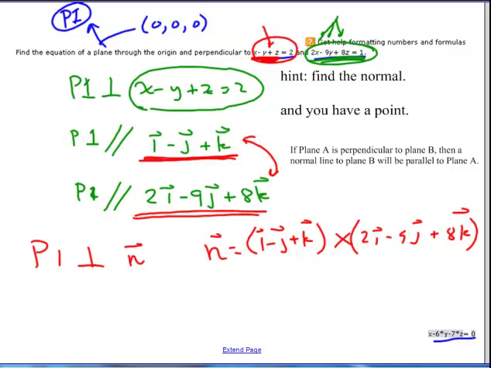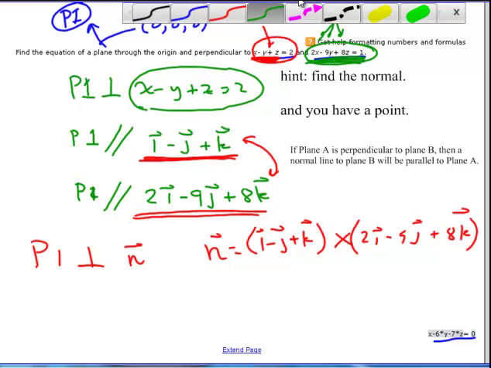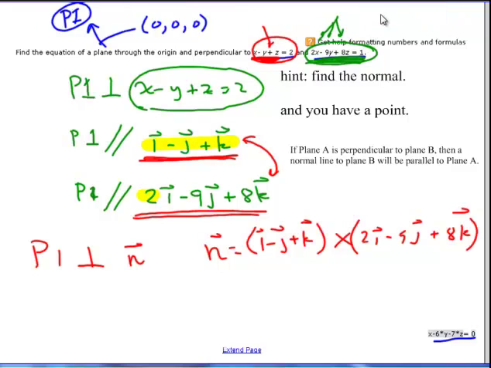This here is the line that's normal to our plane here. So if we cross these two vectors, what we're going to get is the normal line to plane 1, because if plane 1 is parallel to both the first and the second, it will also be perpendicular to the line that both of those are perpendicular to.